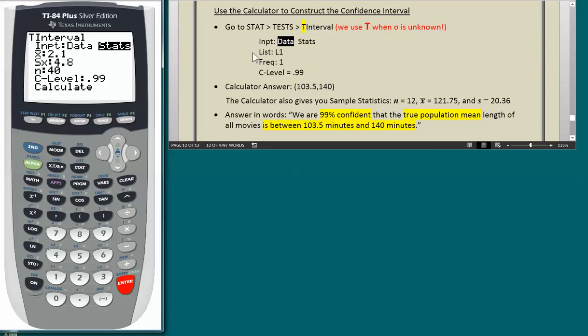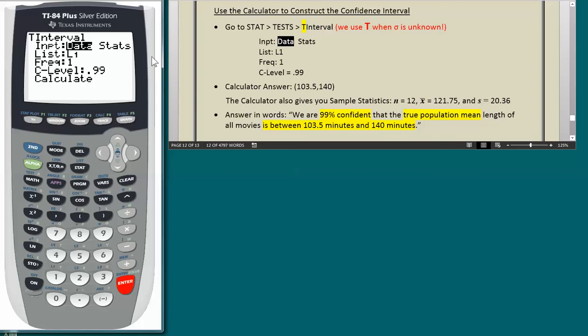But now, the first thing I have to decide, am I inputting data or stats? Well, I did not input any stats. I simply inputted my data into list 1. So we need to choose data here. So I'm going to arrow over to data, and then I have to hit enter so the cursor stays on data. And then you'll notice these selections change when I go from stats to data.